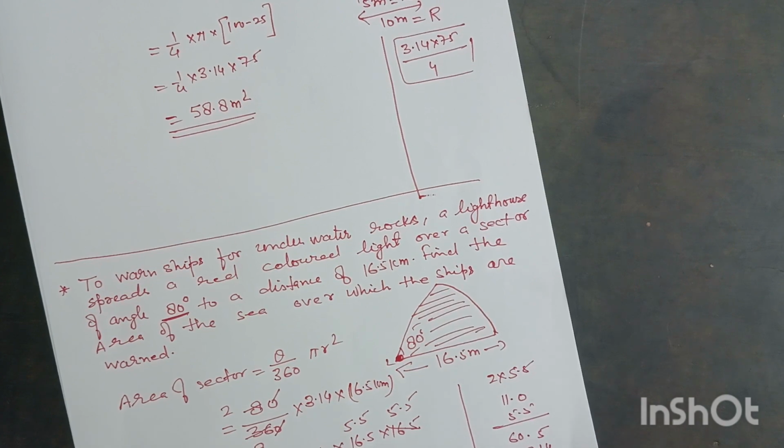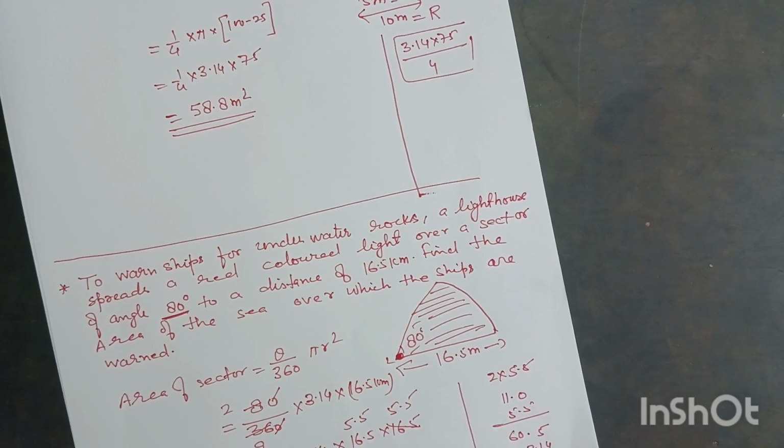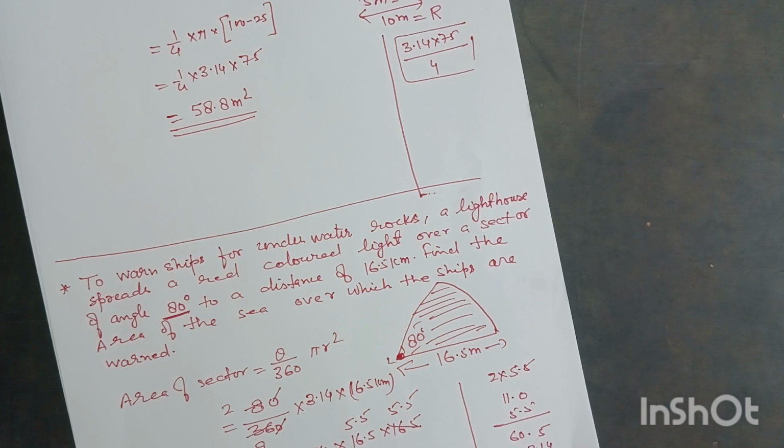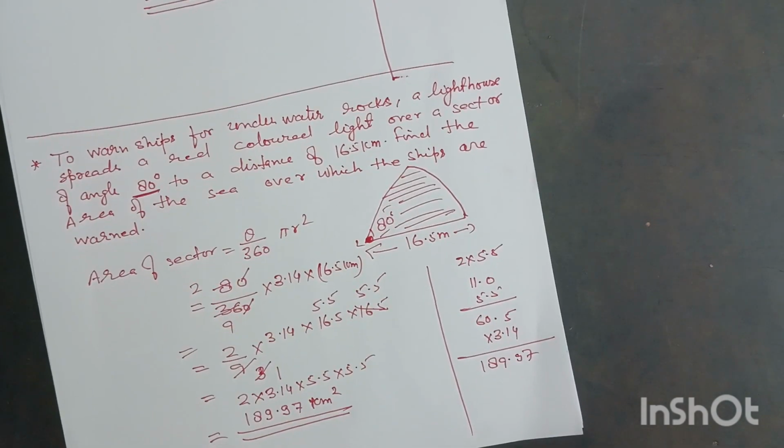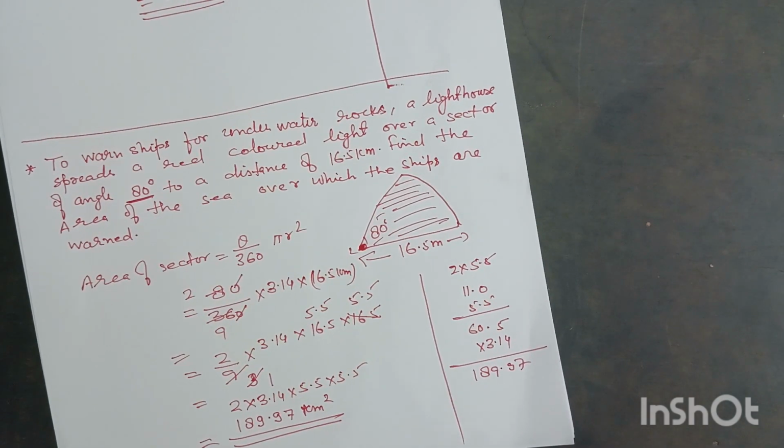So that will give you 189.97, that is 189.97 kilometer square. So this is the area. So all these problems are based on the area of the sector.